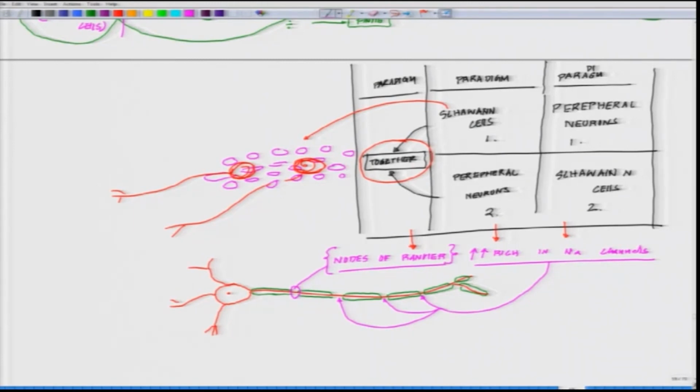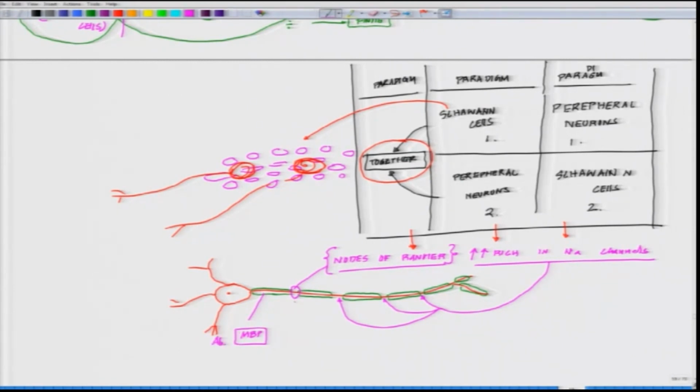So, before you claim that you have done it, you have to stain these cells in culture with myelin basic protein. We have talked about it, the antibody against myelin basic protein.